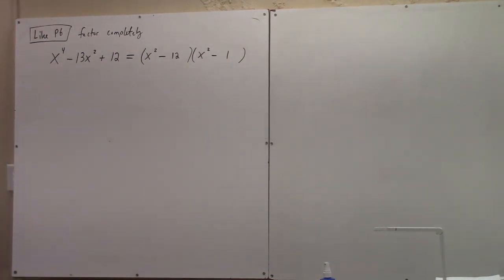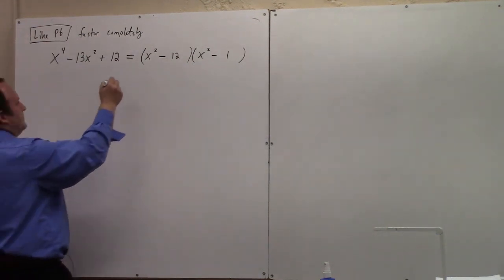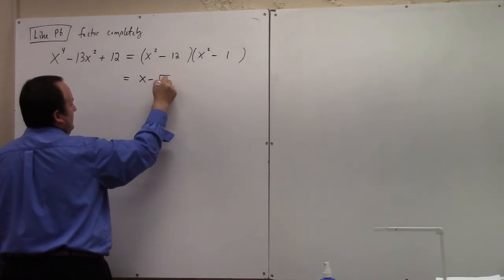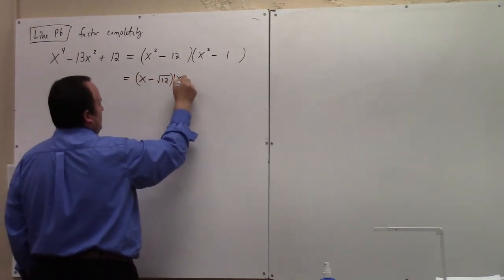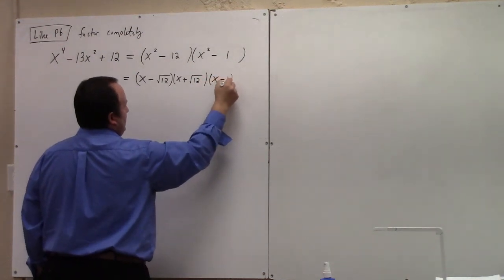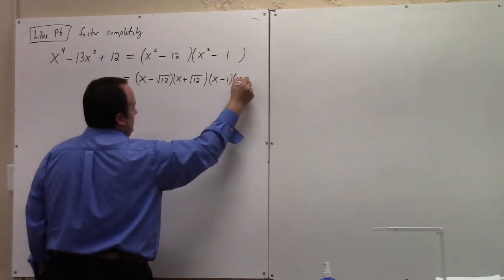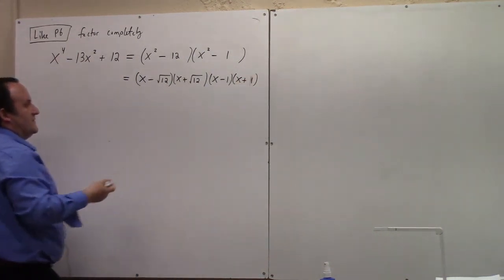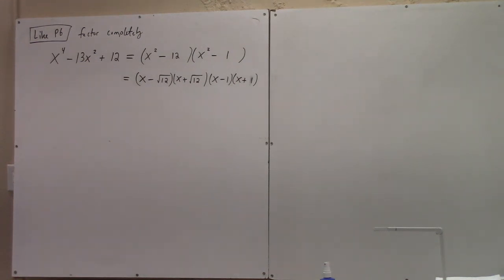So this would be x minus the square root of 12, x plus the square root of 12, x minus 1, x plus 1, because we've got difference of squares, using the difference of squares identity. And that would be that.